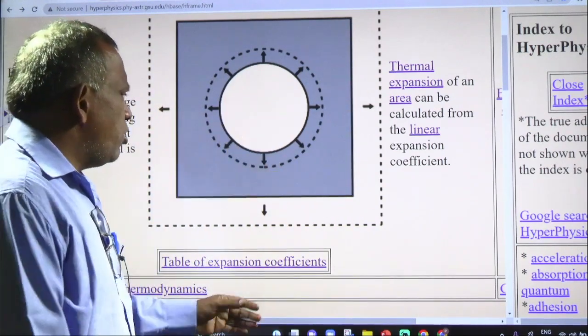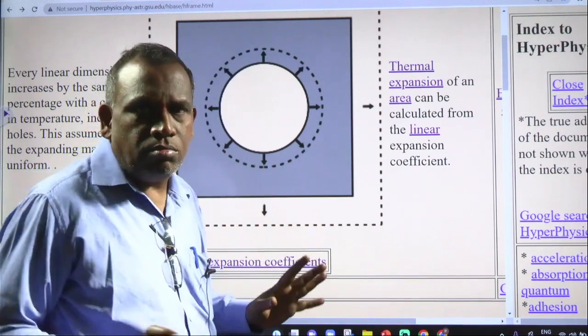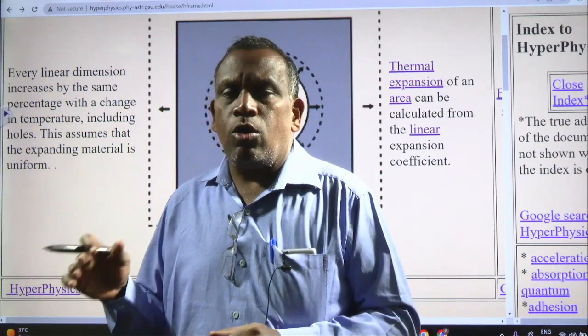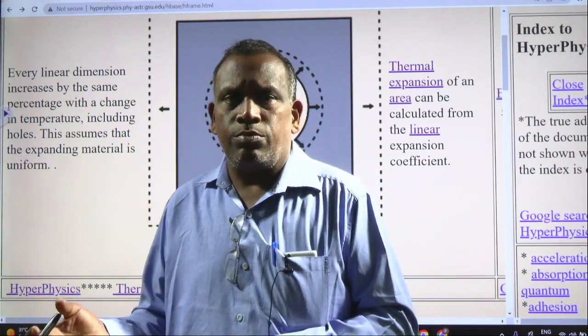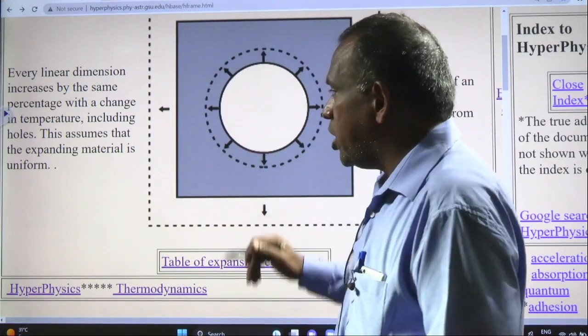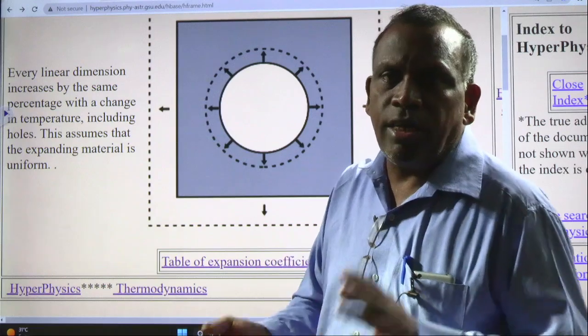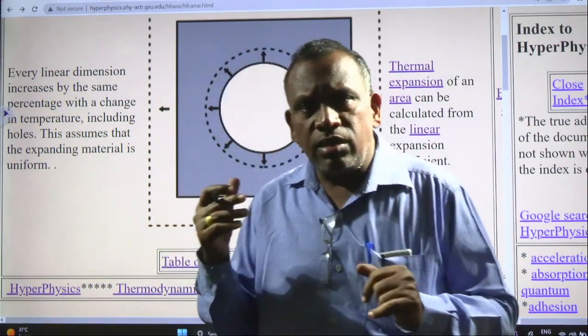center. If you apply heat, initially the area of the total object is A1 at a temperature T1. Now increase the heat, so the temperature increases to T2, and the area also changes, that is A2. So A2 minus A1 is the change in area, and T2 minus T1 is the change in temperature.